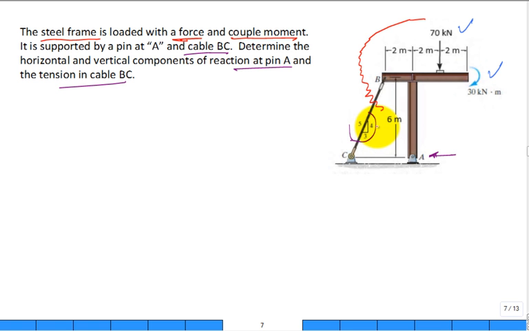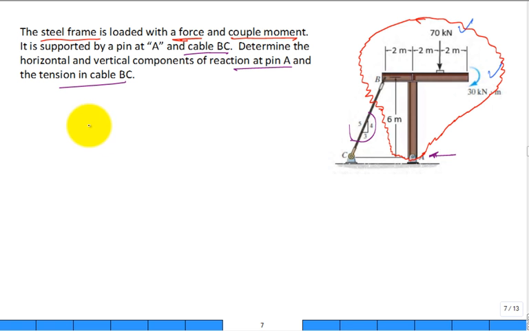When I cut through that cable, I have to think, is there some force happening across that cable? Sure, it's in tension. I cut through air, cut through here. I've got to cut through that pinned reaction. I don't cut through the concrete. No. And I don't want to cut through the beam. I want to cut through the reaction, the pinned support. Then I include the couple moment in that. So this is how I'm cutting through.